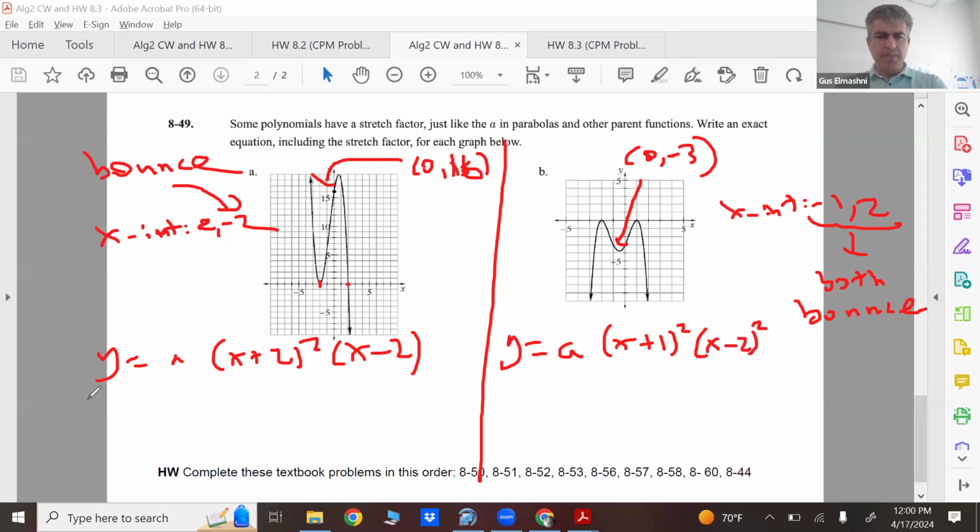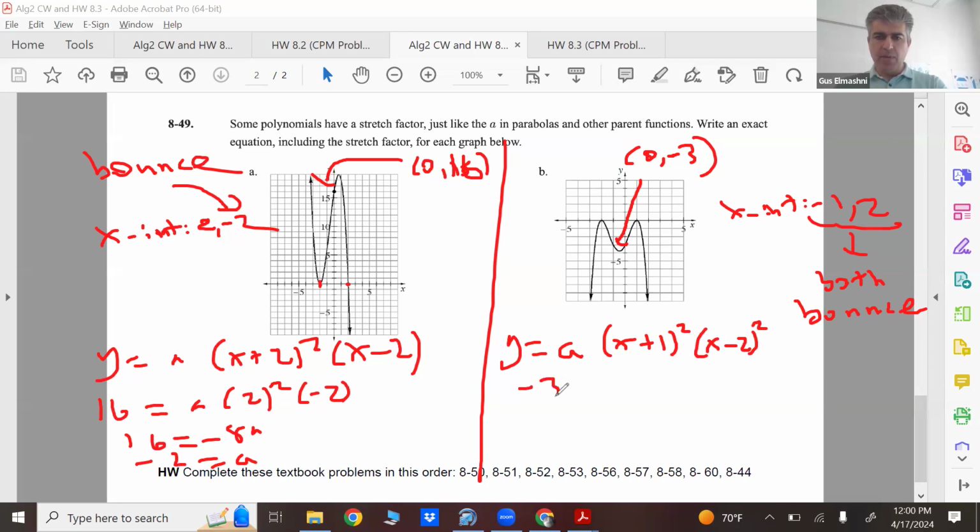So I plug in 16 for y and 0 for x. a is -2.